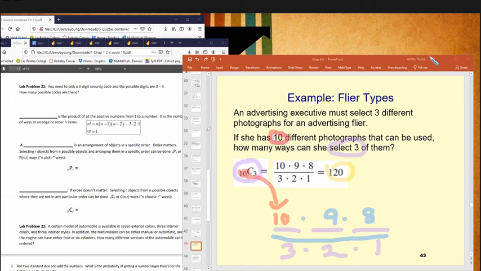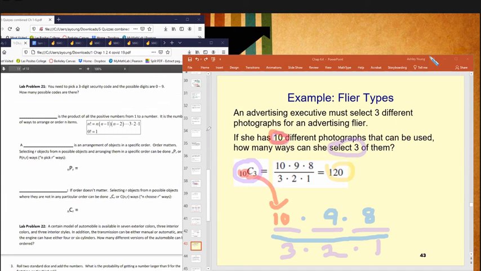So then, however many spots you have, I've selected 3 items. Do you see what I mean? I've selected a 10, a 9, and an 8. That's 3 choices I've made. So I need to divide by 3 factorial, 3 times 2 times 1. How does that change for when it's... That's when order does not matter.